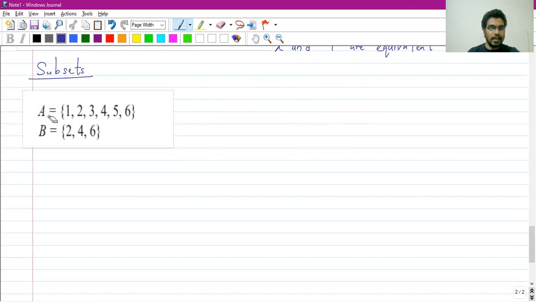A කියන set එක ඇතුලේ මේ B කියන set එකේ ඔක්කොම elements තියෙනවා. 2, 4 and 6 here. 2 is here, 4 is here and 6 is here.